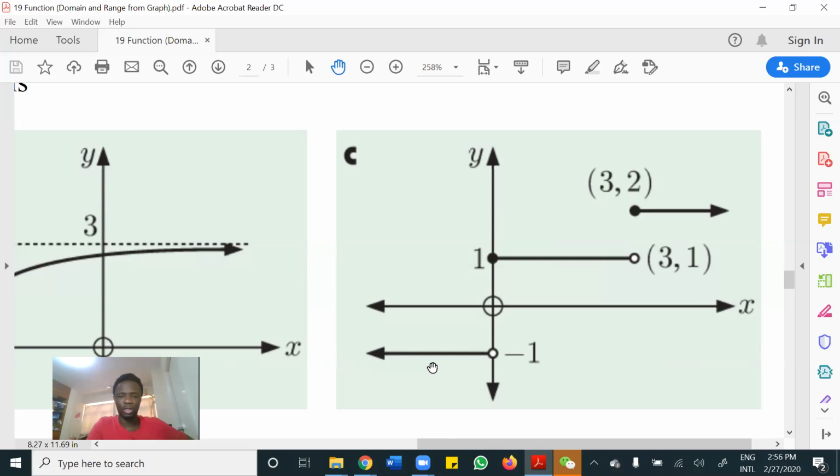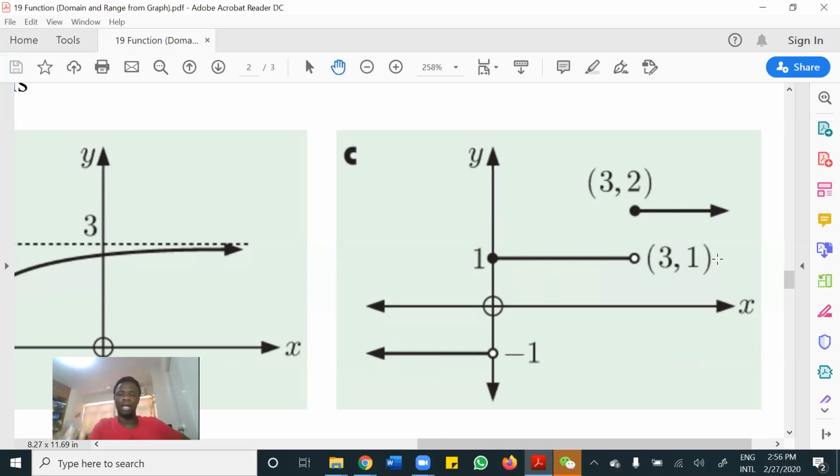If you look at this point, it comes from -infinity up to less than 0, X less than 0, right? Here, it starts from greater than or equal to 0, but less than 2. Then from here is 2 and above. So it's basically all real numbers.